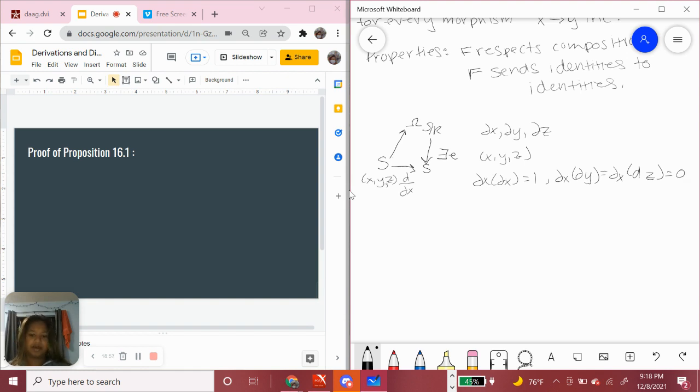And this is just coming from taking the derivative of x with respect to x: for the first one, the derivative of x is going to be 1. Can't take the derivative of y, can't take the derivative of z. Those are all going to be just zeros. And then, again, doing the same thing: partial dy of dx, can't do it, so you get 0. Dy of dy is going to be 1.